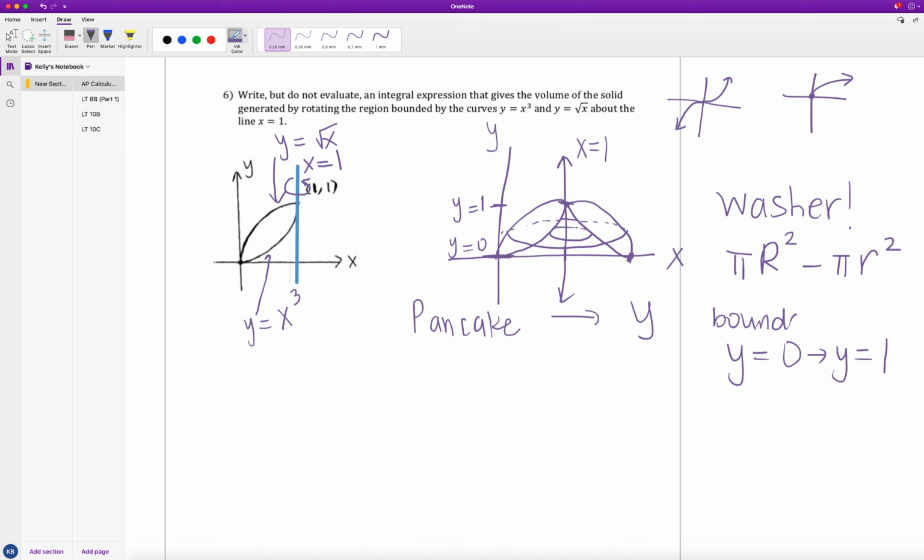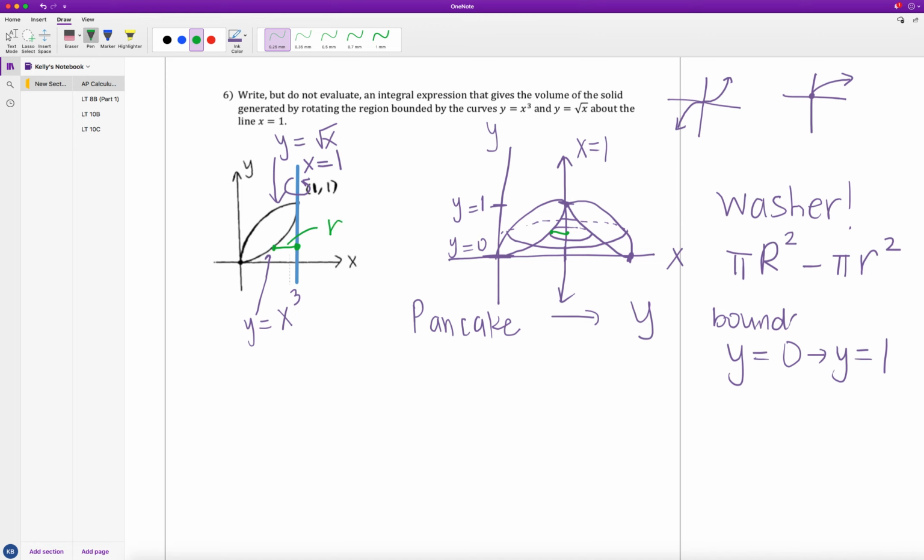Well, let's go back and look at this original graph that we have. So when I draw my radii, I'm starting at the axis of revolution and I'm going towards the curve. Because this is a washer, I'm going to have two. I'm going to have one that stops at the first curve. That will be my little r. So if I go to my two-dimensional graph, I'm starting at the axis of revolution and I'm going towards that first curve.